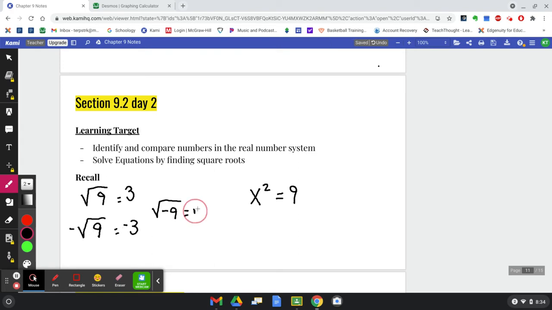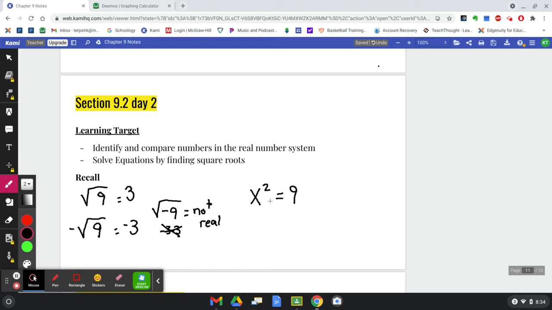Remember, this one is not real. The negative underneath, I can't multiply the same thing together to get a negative number. In order to get a negative 9, one of them would have to be negative and the other positive. So that's not possible because square root means something times itself.